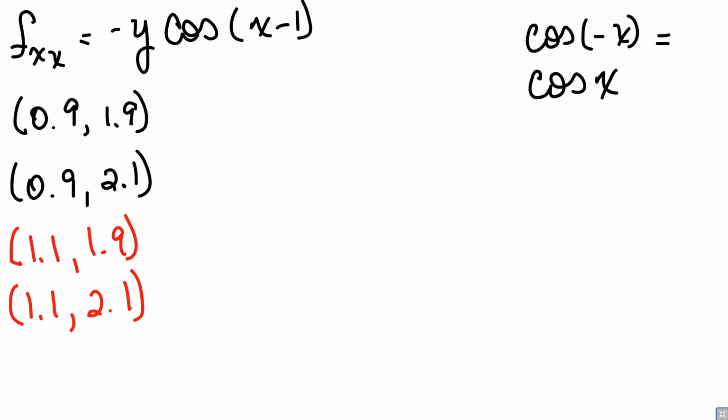I don't really care about the 1.1 because it's going to get a positive 0.1. If I do 0.9, it's going to give me a negative 0.1. By the odd and even identities, it's the same value as far as cosine is concerned. So that's why I'm not worried about these other two, because I know it's going to produce the same value. Now, if I evaluate the function at these values, what will I get?